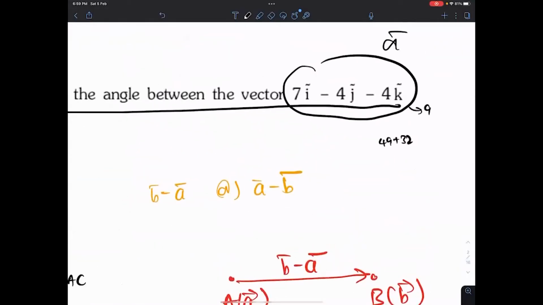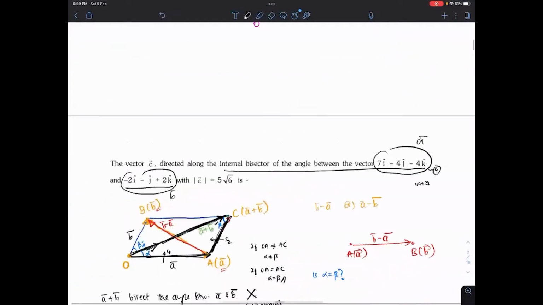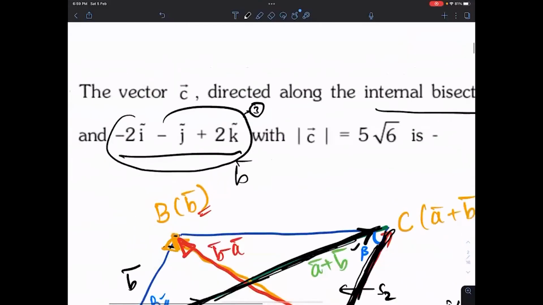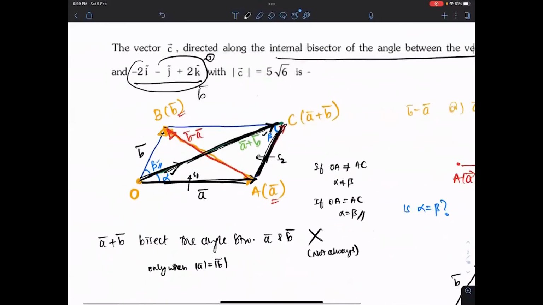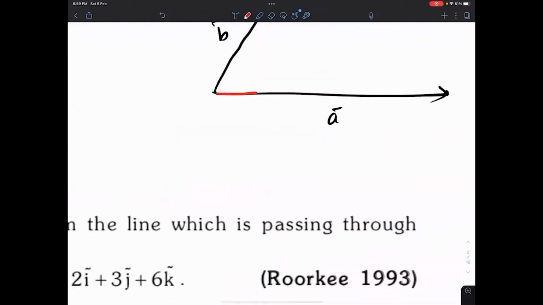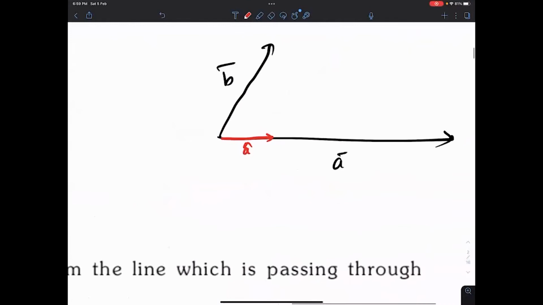Length of this vector is 9. Okay, what is the length of this vector? 3. Okay, now what I will do is, this is A bar. Na? I will write A bar by 9, unit vector. It will be in the same direction, A cap, and unit vector B cap also I will write. Okay, in the direction of B bar.